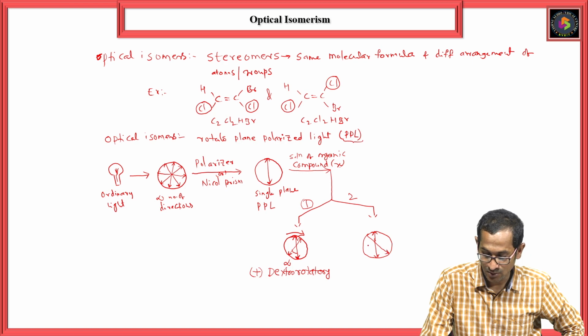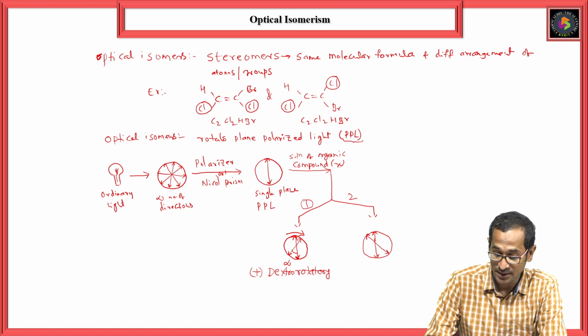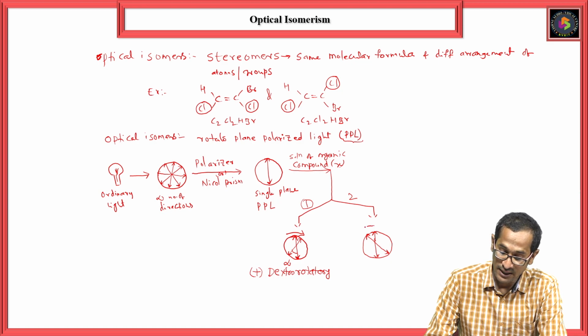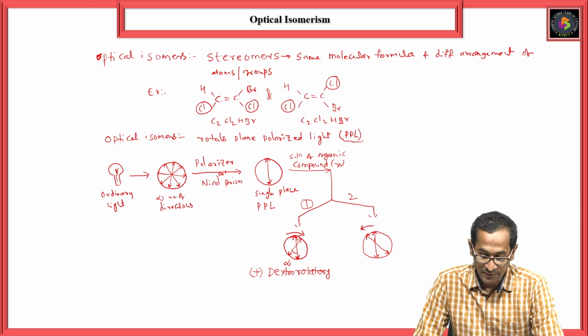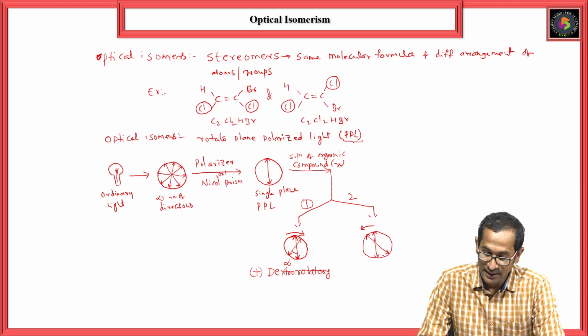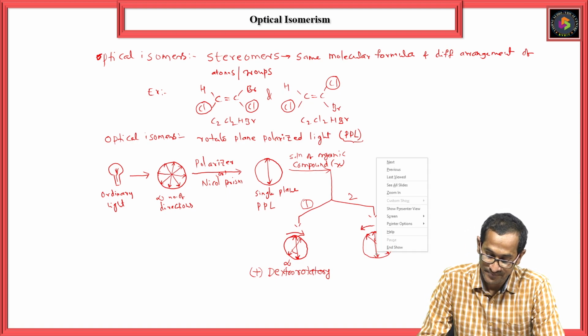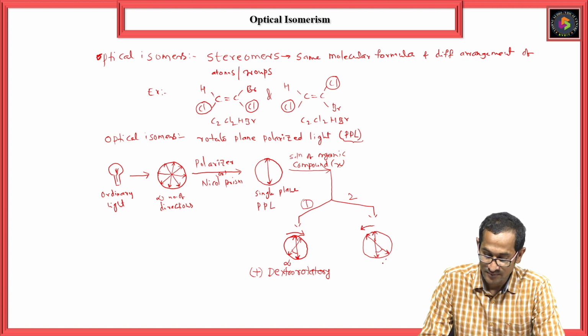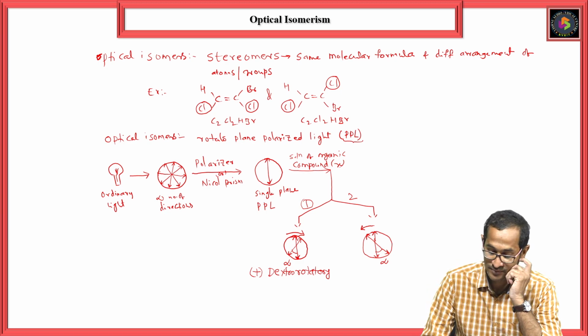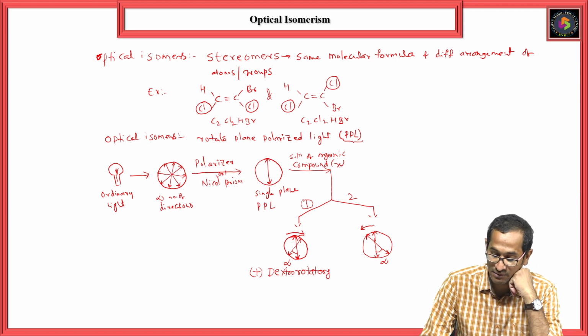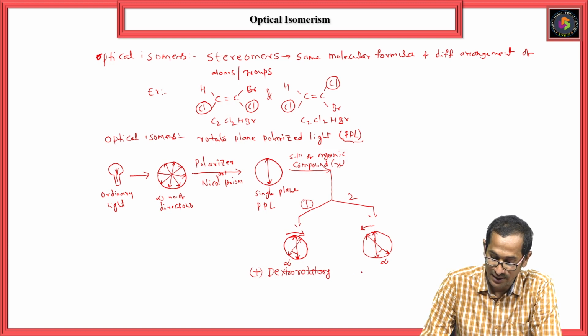In case 2, the compound may rotate the plane polarized light towards the left side of the original plane. Again, alpha is the angle of rotation. That alpha is called the specific rotation angle.